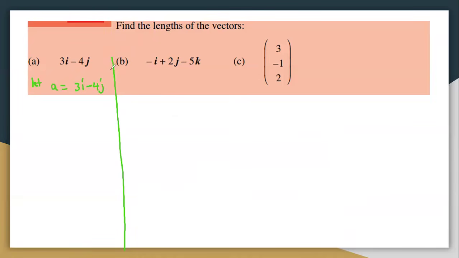Even if you let it be anything, such that you know what to do. So may I ask everyone to first try the first one and give us the answer in the chat, what you are getting.